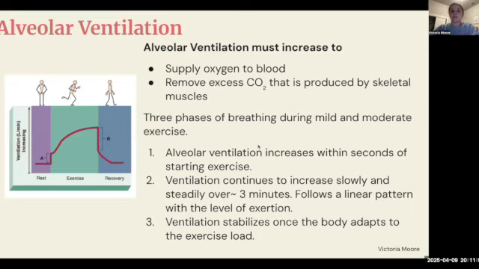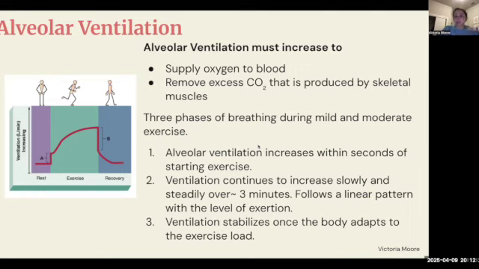Next up is alveolar ventilation. We just briefly went over that, but when we are at rest, just sitting quietly, the average adult will exchange about 6 liters of air per minute. When we're exercising, like running or cycling really hard, that can jump all the way to 120 liters per minute.